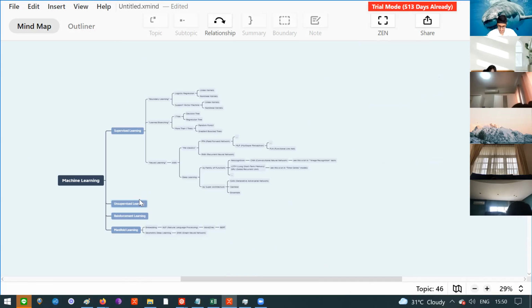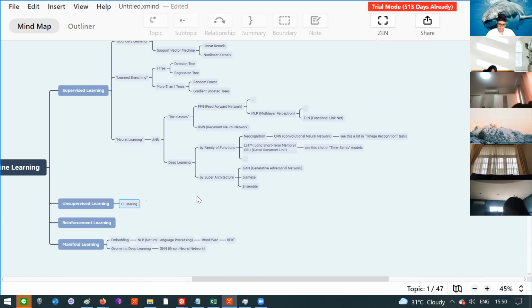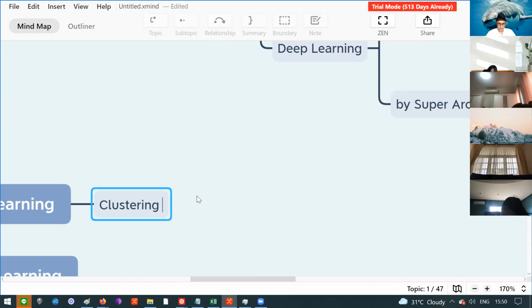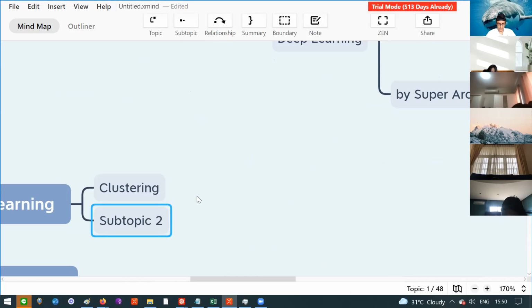Okay, and this again, you have plenty of things we did before, right? Something like clustering, dimensionality reduction.